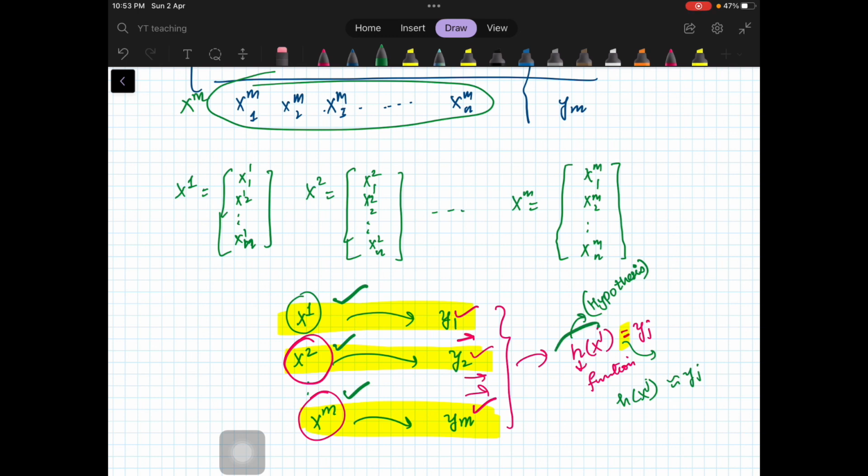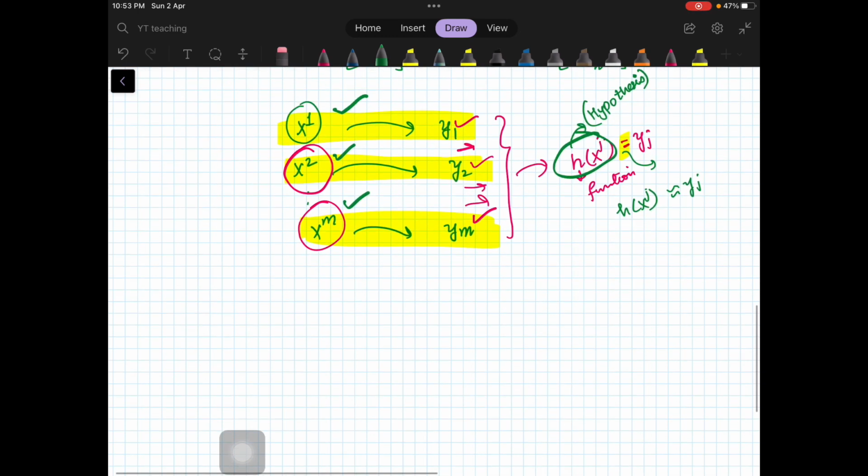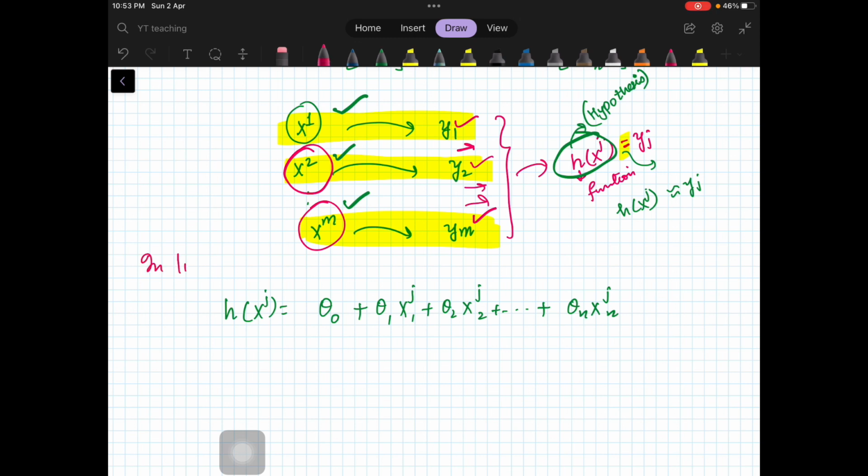So this is what we are looking for. And in linear regression, we assume that this is equal to some number theta naught plus theta 1 xj1 plus theta 2 xj2 and so on up to theta n xjn. So this is what we do in linear regression.